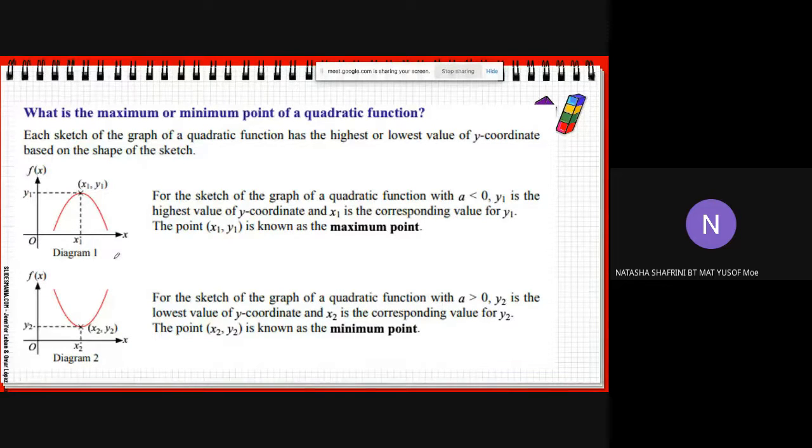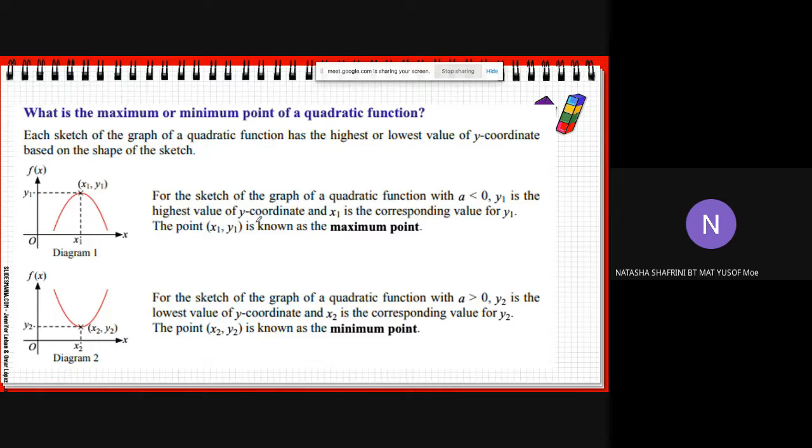Now for diagram 1, the shape of graph, what shape? N shape. For the sketch of N shape graph, what is the value of a? A negative. That's why a less than 0. So you will get the maximum point, the highest value of y coordinate.